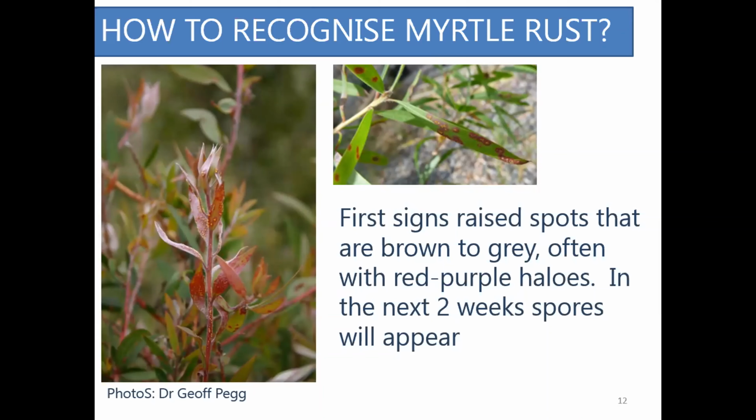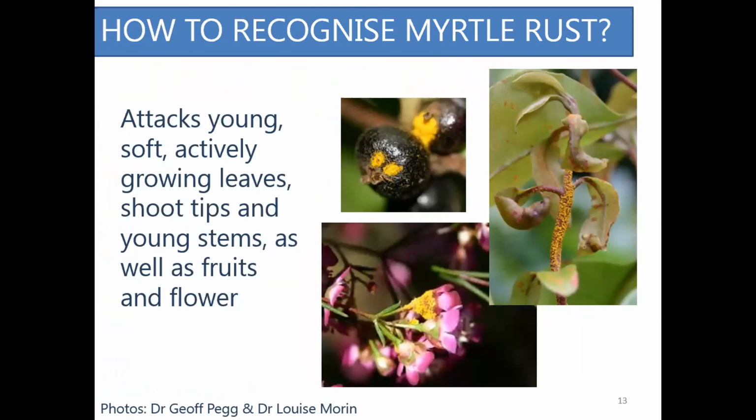It takes about 10 to 12 days under good conditions. So at some stage, the disease symptoms will basically look like a lot of brown spots, and there's a lot of other pathogens that can cause similar symptoms on our natives. But obviously the distinctive sign is the yellow mass of spores.